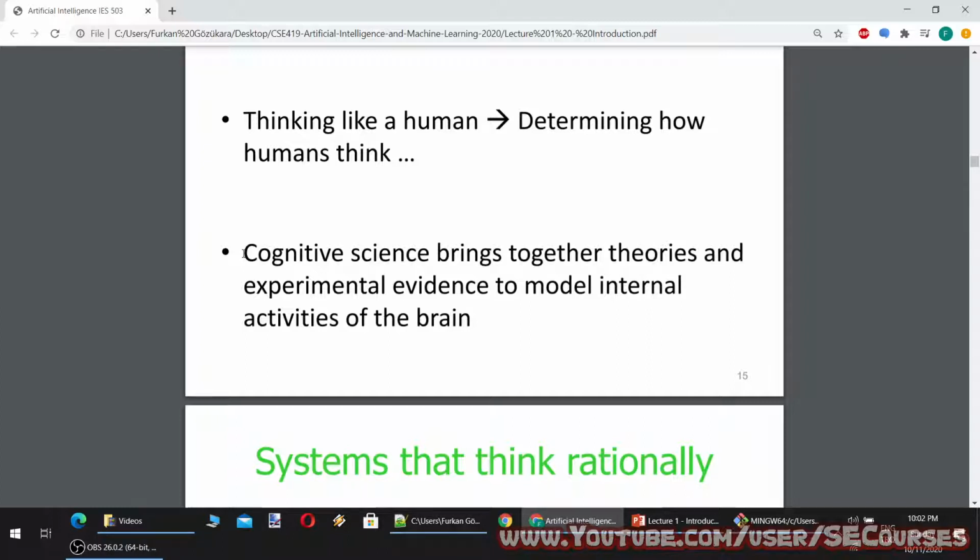You know that our brain is composed of synapses and the interactions and connections between them. So with cognitive science, we are trying to compose a system that works in a way similar to our brain.